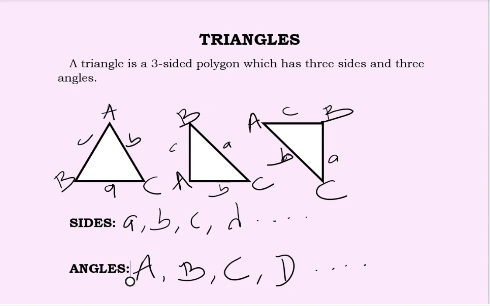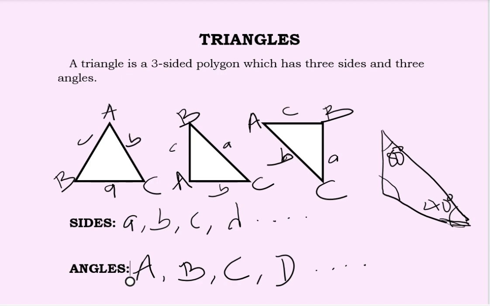For example, let's consider this triangle. If this angle is 80 degrees and this angle is 40 degrees, and we are asked to find the third angle, let's call it x.